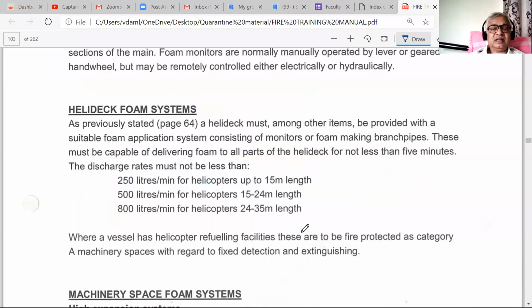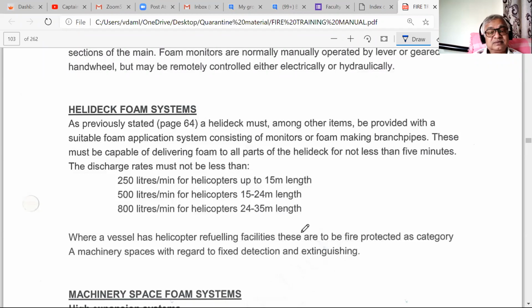Now, heli deck, you remember we touched on it earlier also. Landing facilities are different, helicopter facilities, heli deck foam system, because of the case of any fire after a helicopter crashes.